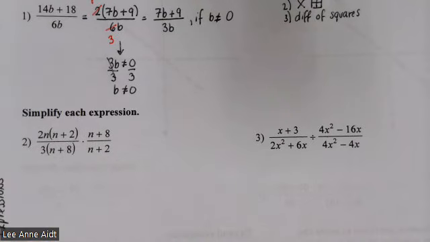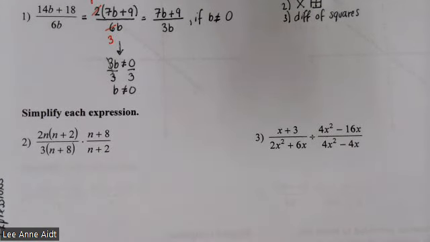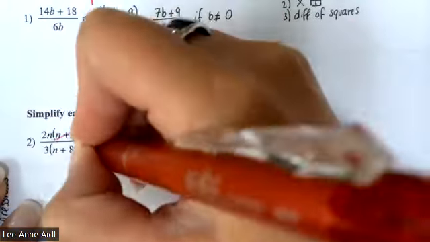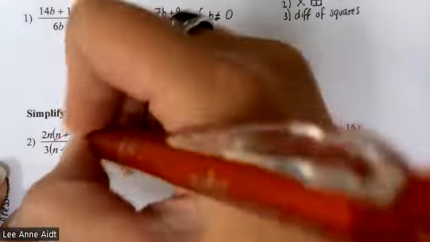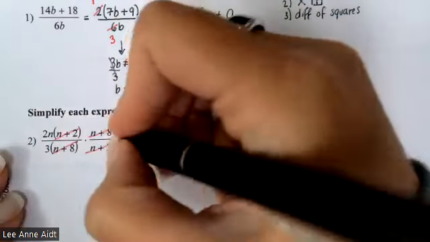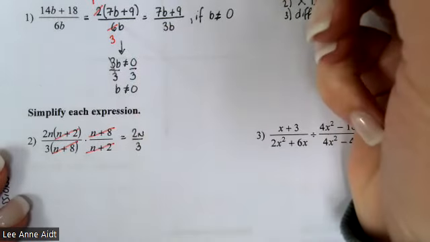Okay, number 2, you're very lucky. This one is already factored. So all I need to do is reduce. Do you see things to reduce in number 2? N plus 2, beautiful. N plus 8, beautiful. And I get 2n over 3.